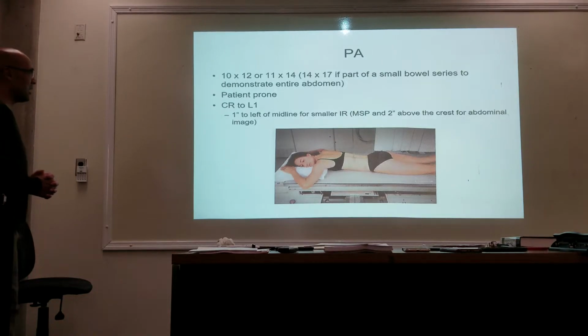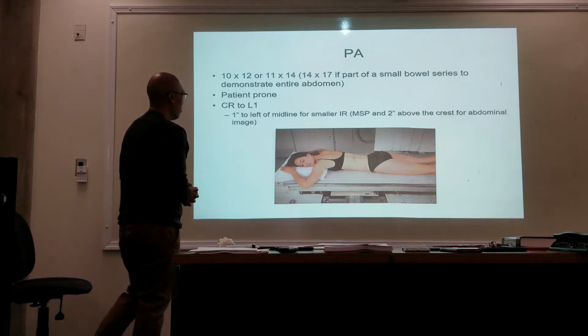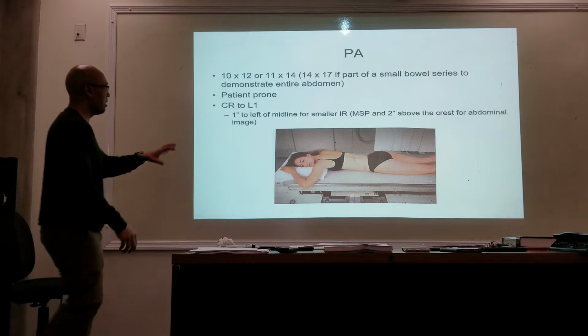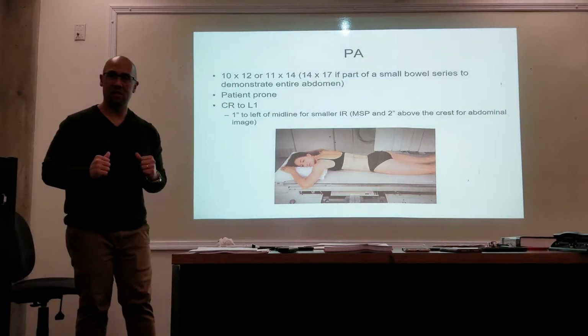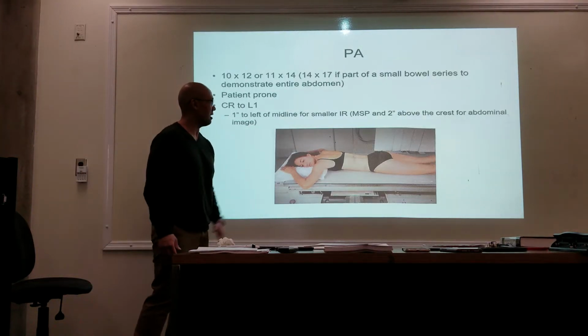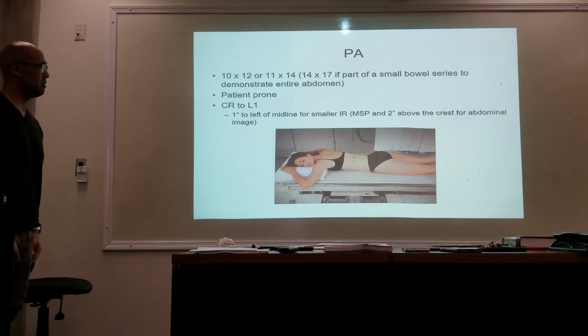Central ray is going to be at the level of L1 and 1 inch to the left of the midline if we are using the smaller image receptor, because we're just looking at the stomach.